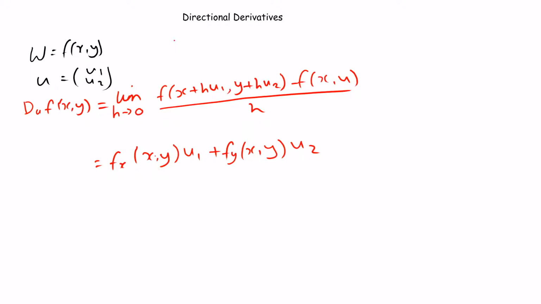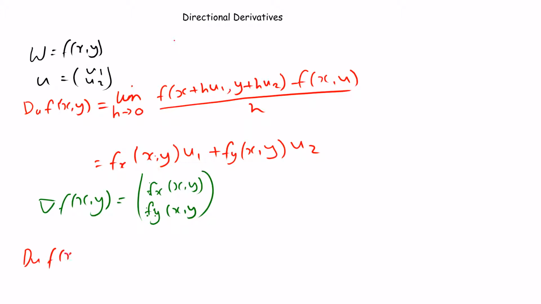Now, we already know that the gradient of f, grad f of x, y, is equal to the partial derivative with respect to x, partial derivative with respect to y as a vector. So this means that we can rewrite our directional derivative as grad f of x, y times the unit vector u.